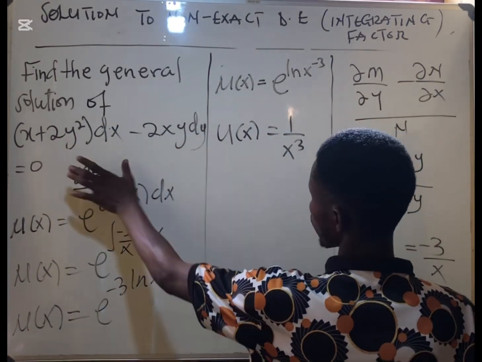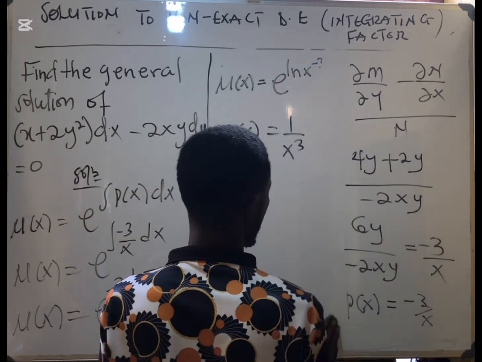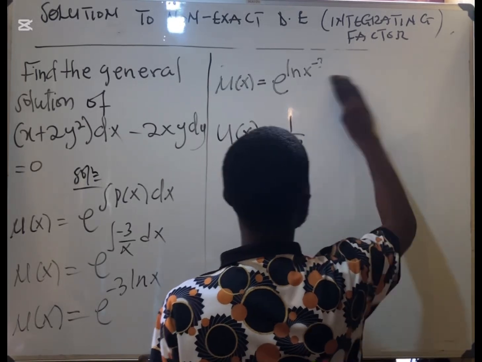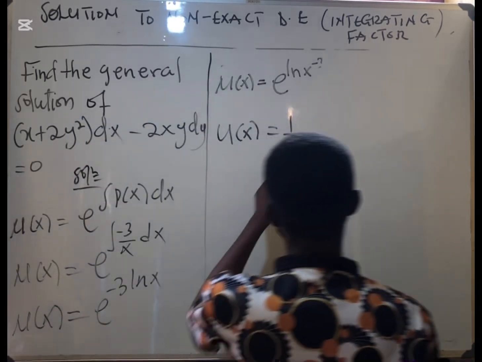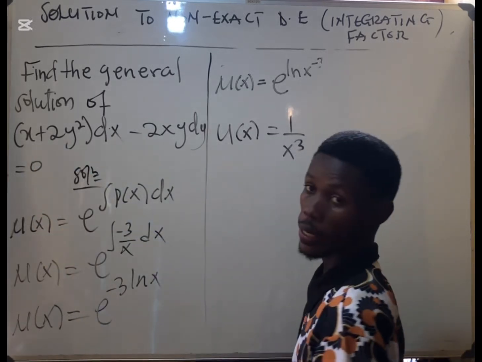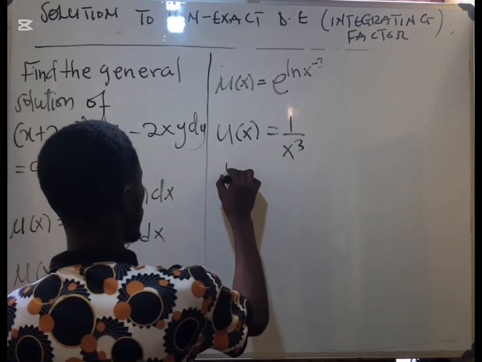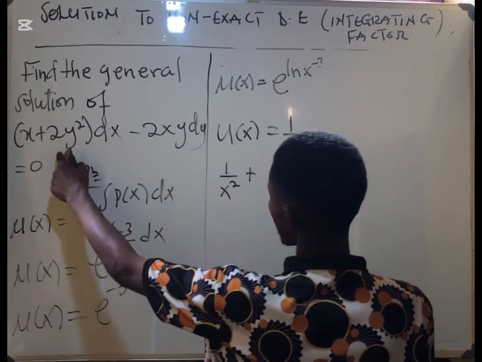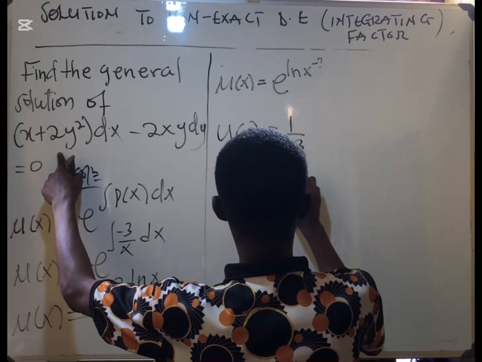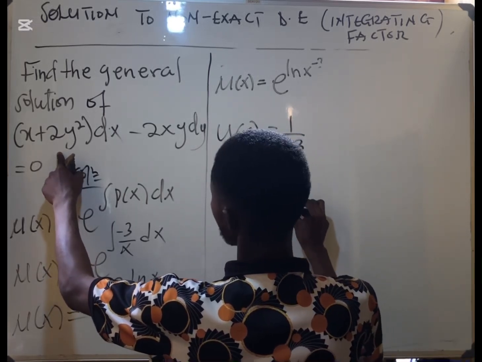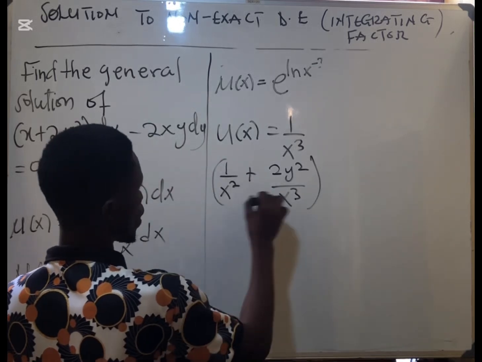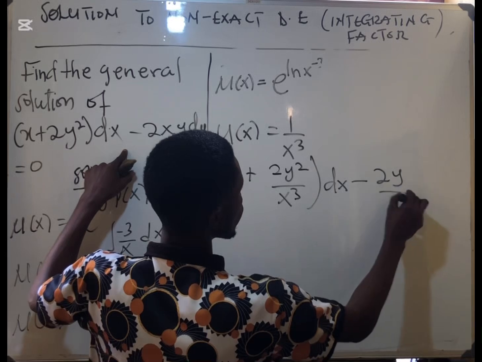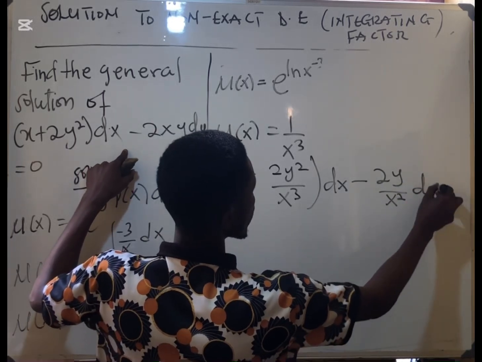So 1 over x cubed times x will give us 1 over x squared, plus 1 over x cubed times this will give us 2y squared over x cubed, and the whole of this one is dx, minus 2y over x squared dy.